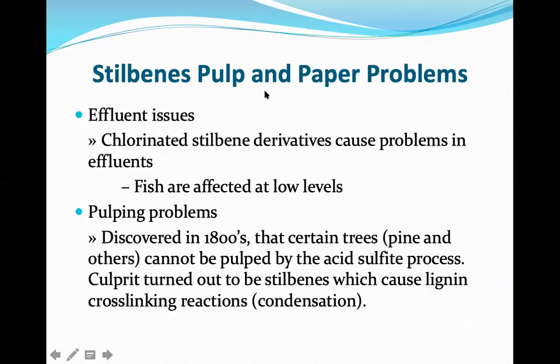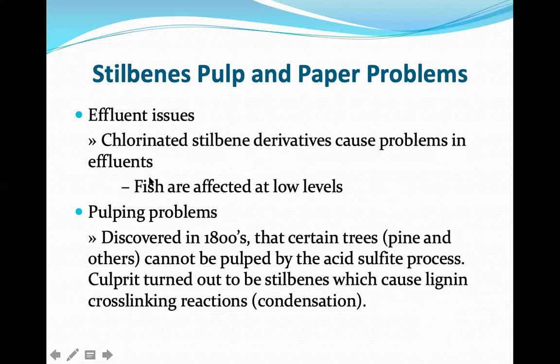So stilbenes and pulp and paper problems, this is a very important scientific discovery, because stilbenes pose some problems in making the pulp and paper. Another problem is effluent issues. Chlorinated stilbene, during paper making, chlorination is a process. So chlorinated stilbene derivatives cause problems in effluents, especially fish are affected at low levels.